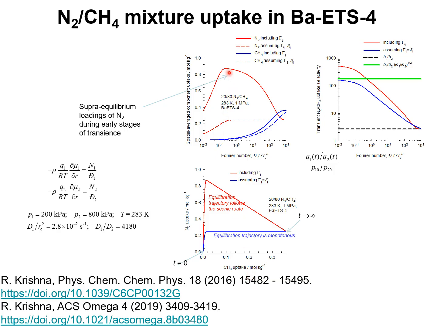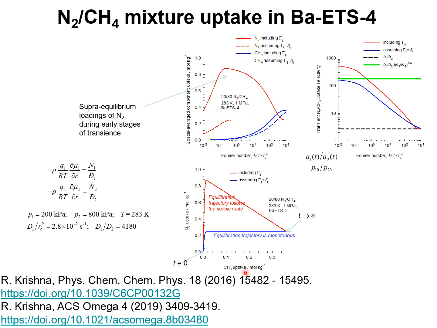Transient overshoots and equilibration trajectories that follow scenic route to equilibration are essential signatures of kinetic separations.